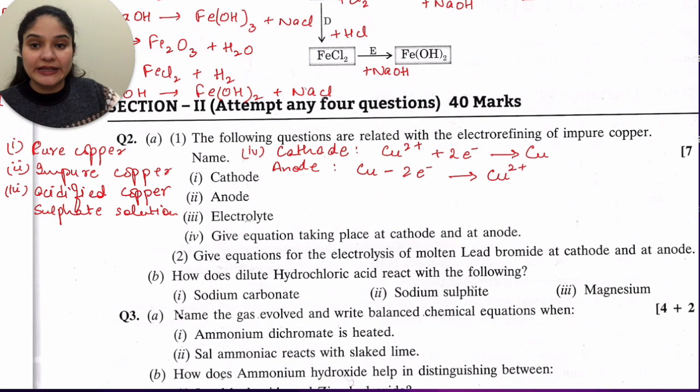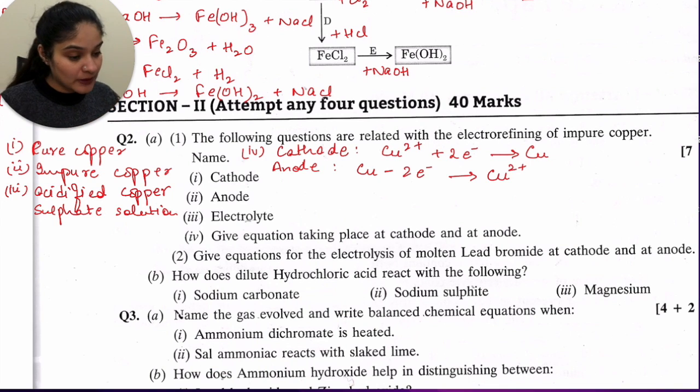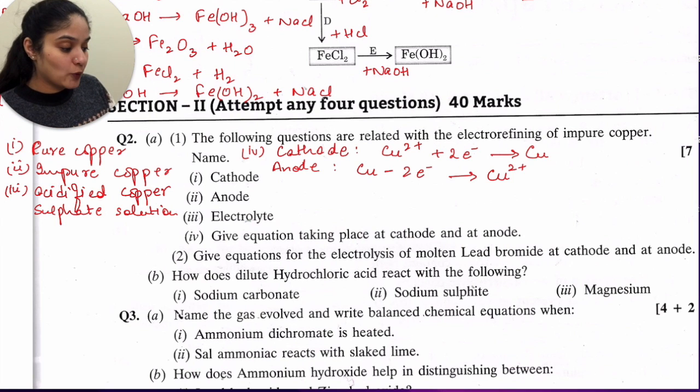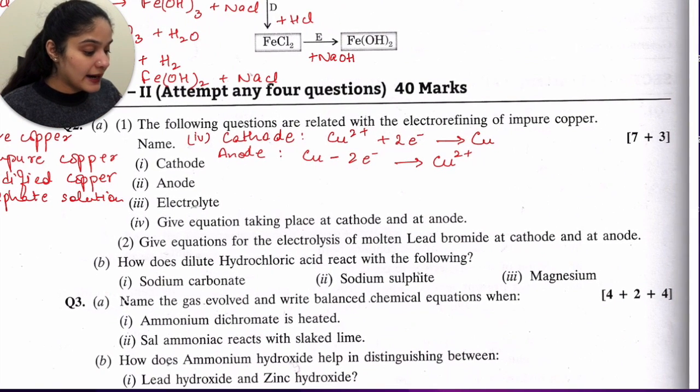So an ion is formed. Now the second part of question 2 says, give equations for electrolysis of molten lead bromide at cathode and at anode. That is simple. So we are on part 2.